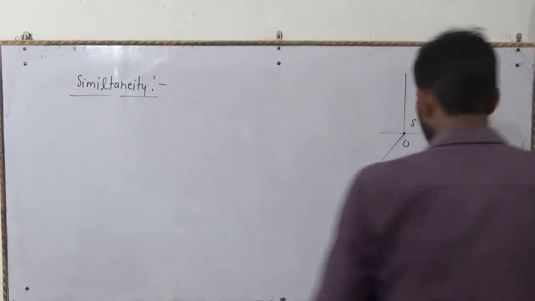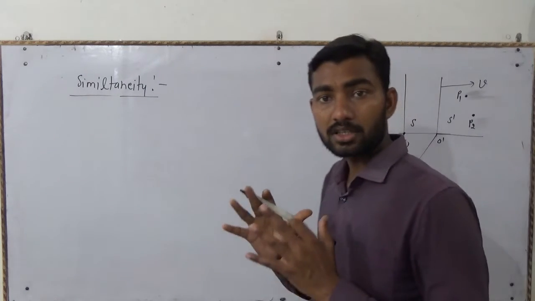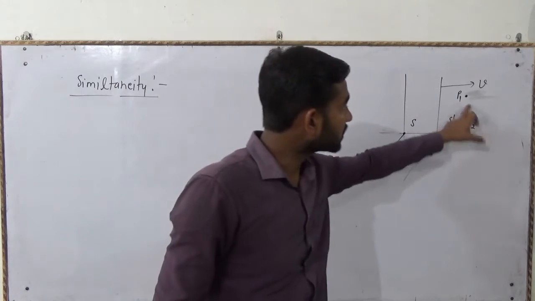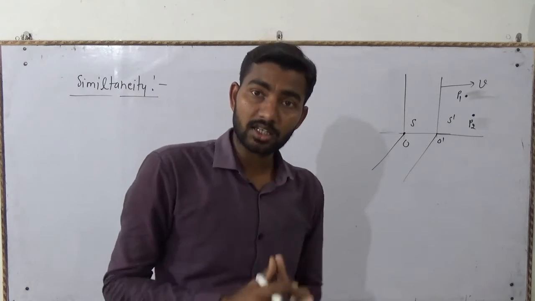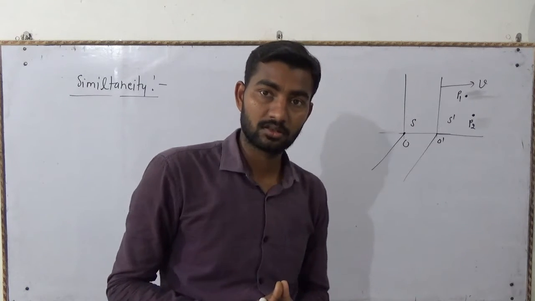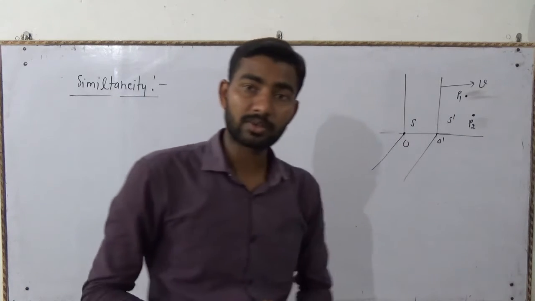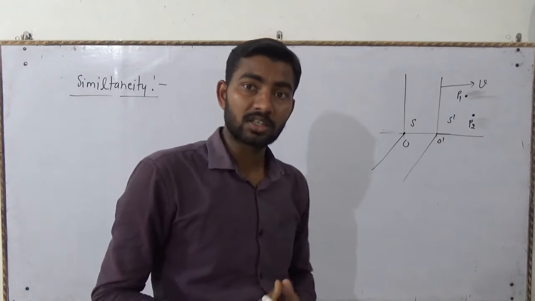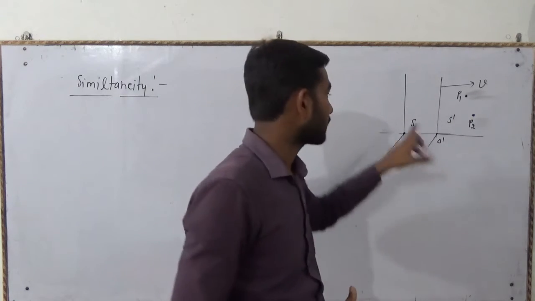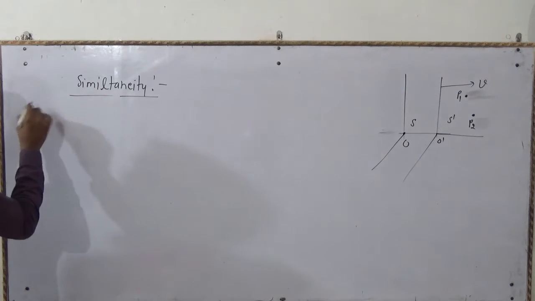We are considering these two events in the frame of reference S. Remember please, we are assuming these two events occur at the same time in the frame of reference S. Don't get confused: here we have drawn these two events in the frame S dash, but my imagination is that these two events are occurring in frame of reference S.